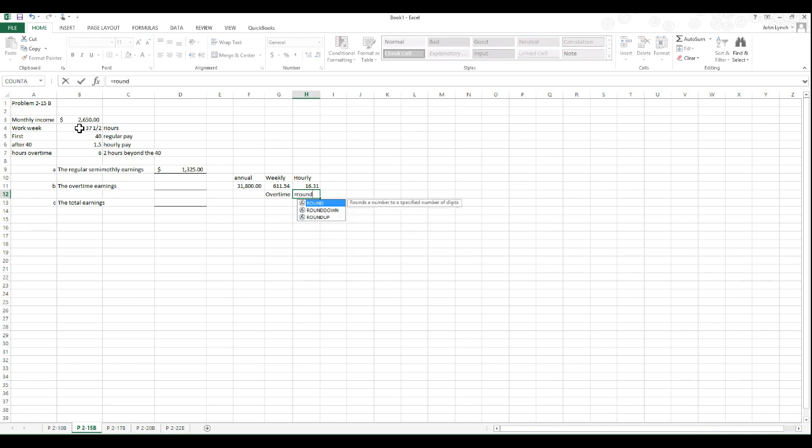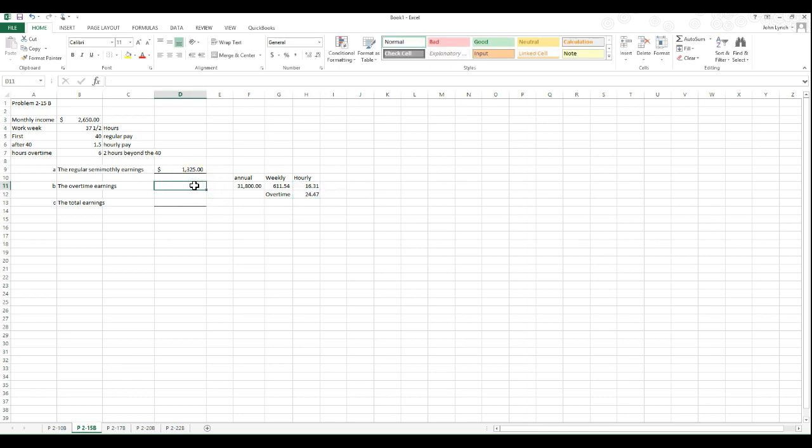Now for the overtime pay beyond the 40 hours, do the round again. It's the $16.31 times, remember it's time and a half, 2 decimal places, so she gets normally $24.47.